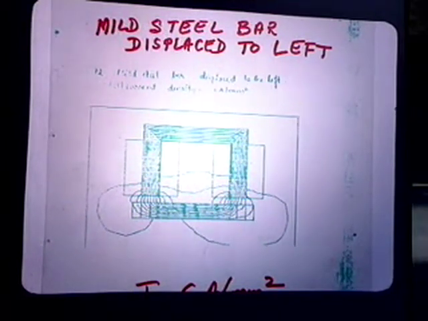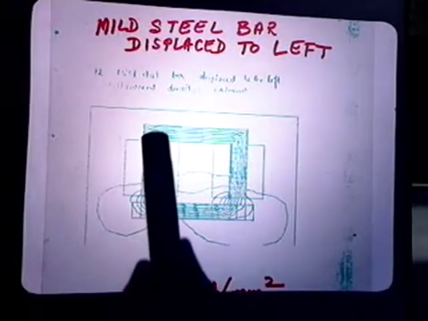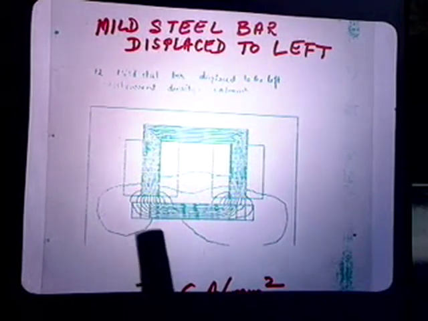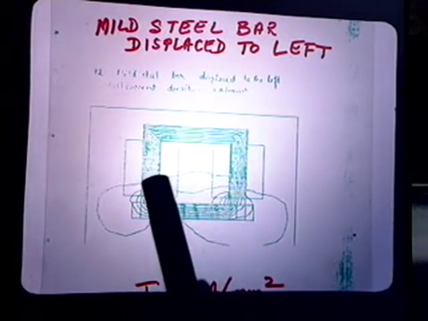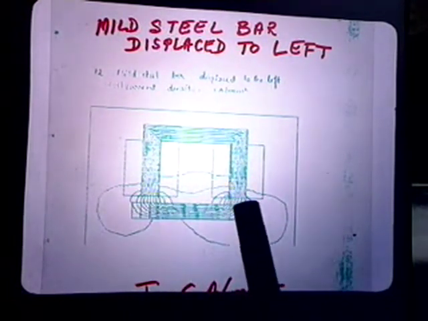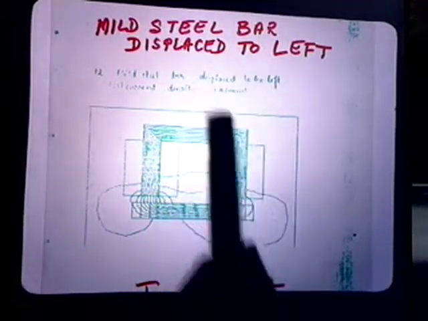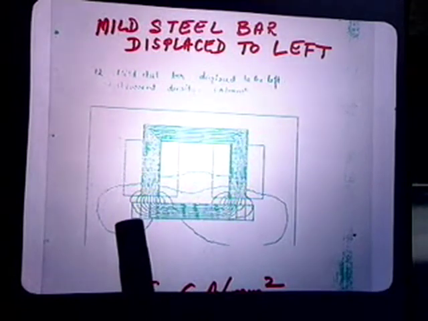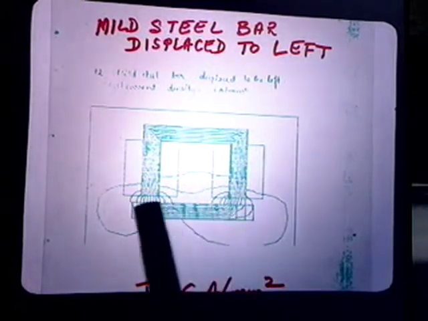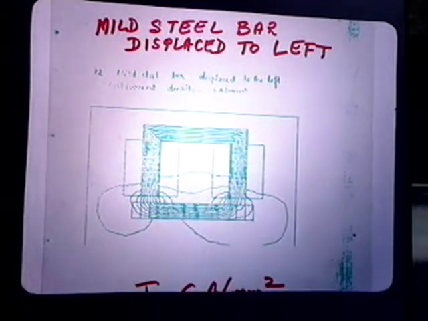Here the flux plots are obtained from the computer, and you will see both the leakages here as well as the fringing. When the bar is shifted to the left, you will notice that there is an asymmetry, and you get these results.